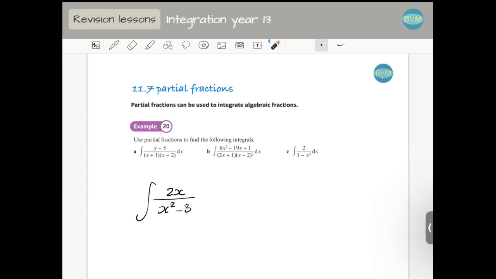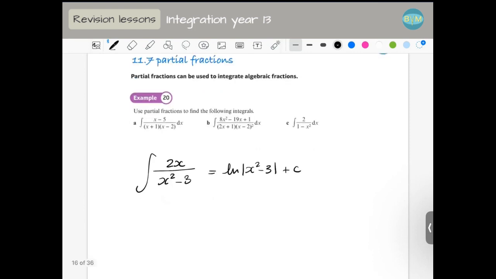Because if that's the case, we already have done this, it will be ln, yeah? Ln of x squared minus 3 plus c. That would be probably the first option and the easiest.